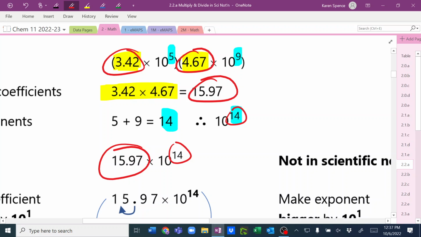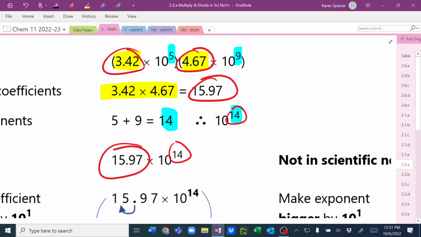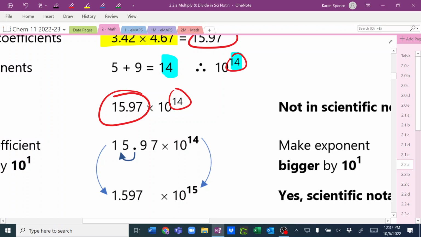Is that in scientific notation? No, why not? There's two numbers before the decimal, so we need to move our decimal so we have only one number. So if we move it over one position, did we make that coefficient bigger or smaller?